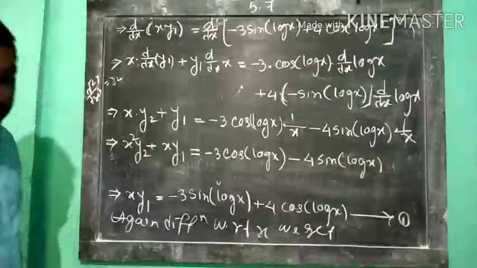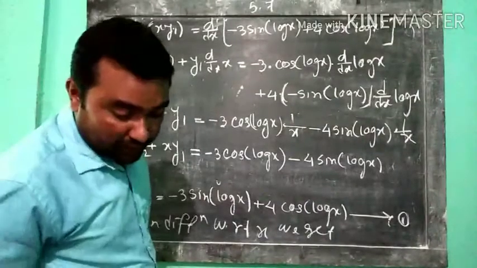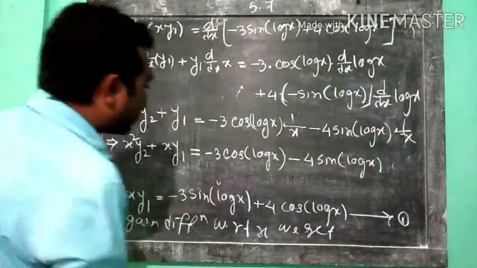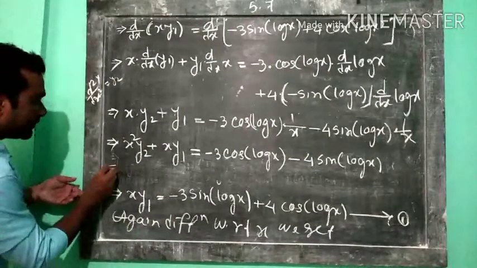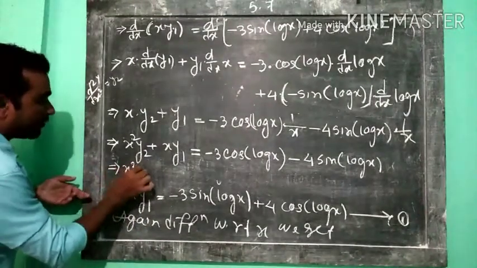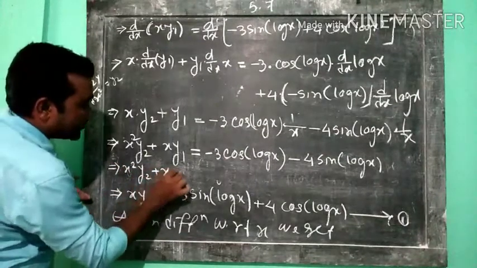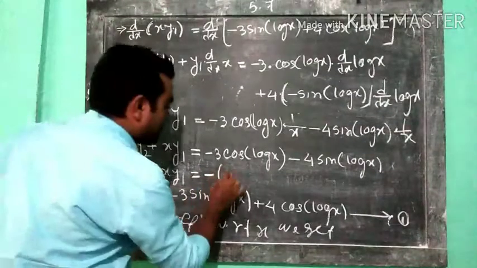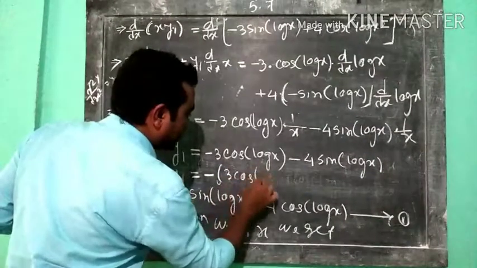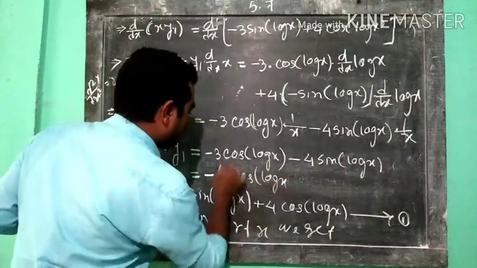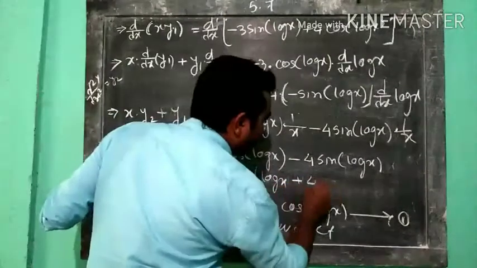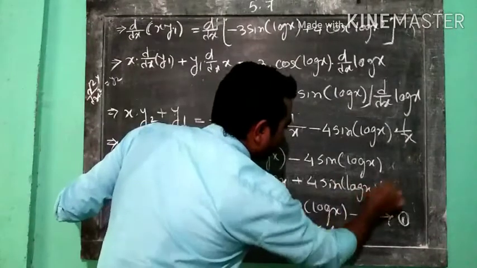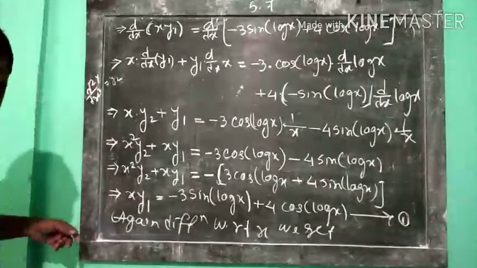So we are to show that x squared y2 plus x y1 plus y equal to 0. So x squared y2 plus x y1, taking minus common, is equal to minus of 3 cos log x plus 4 sin log x.